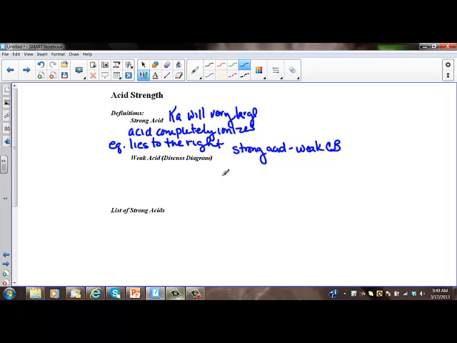Now, you have a diagram in your notes that shows you before dissociation, you've got HA here, and then after dissociation, you have the same amount of H plus and A minus. And that's because this is a complete dissociation, and you can write this in your graph.